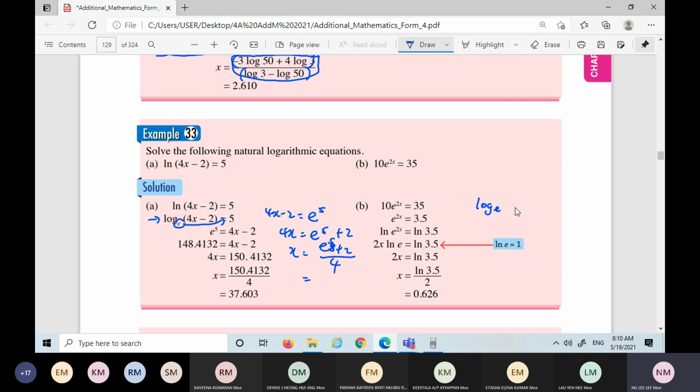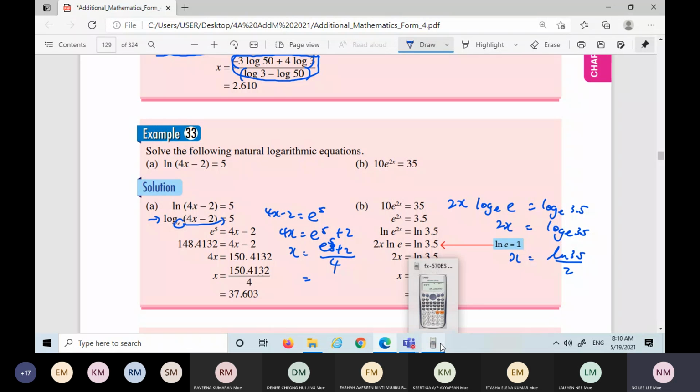Log base e. 2x I write in front, log e 3.5. This one, log e is 1. Therefore 2x is ln 3.5, so x is ln 3.5 over 2. It doesn't matter, sometimes you write ln, sometimes you write log e, it's the same thing. So you just press the calculator to get the answer.